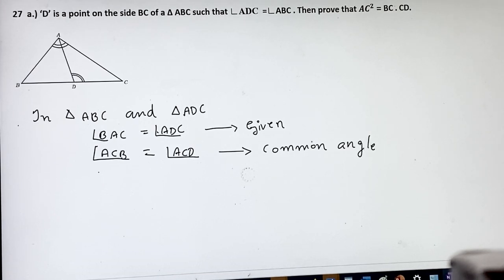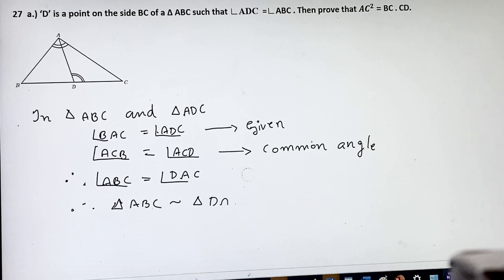So now, therefore, if ACB is equal to ACD, then angle ABC is equal to angle DAC. Therefore triangle ABC is similar to triangle DAC.